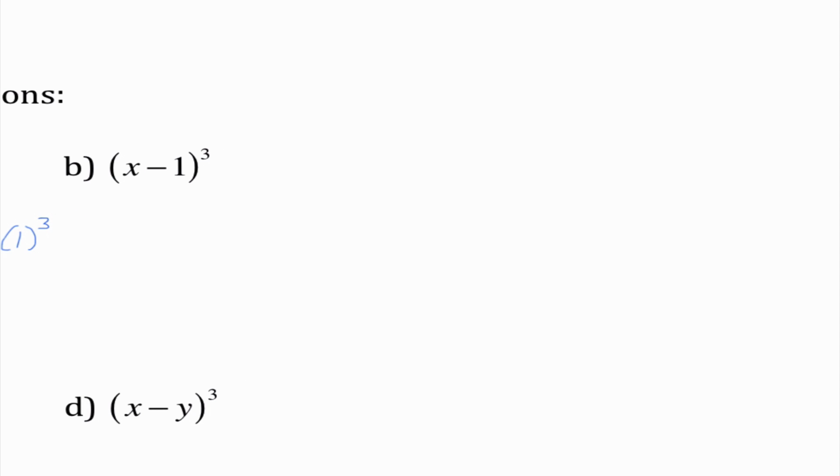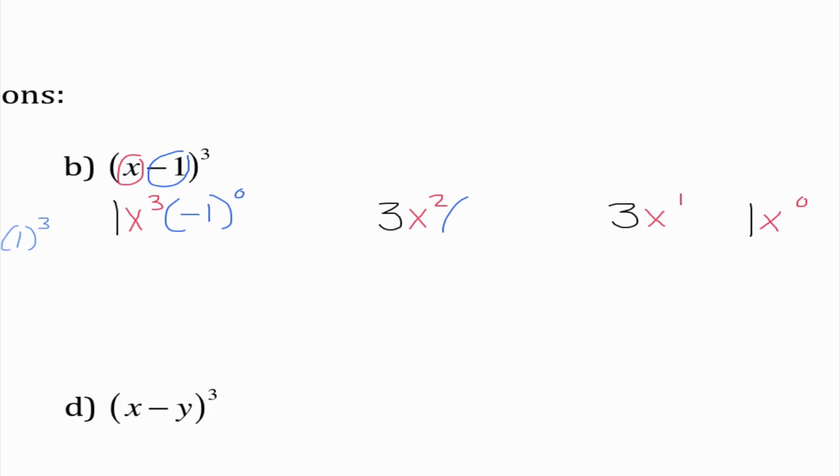Okay, for B, notice I have 3 again, so the good news is we already know that our coefficients are 1, 3, 3, 1. My first term is x, so I have x cubed because our n is 3, x squared, x to the first, x to the 0, and negative 1 is our other term. So I have negative 1 to the 0, negative 1 to the first, negative 1 squared, negative 1 cubed.